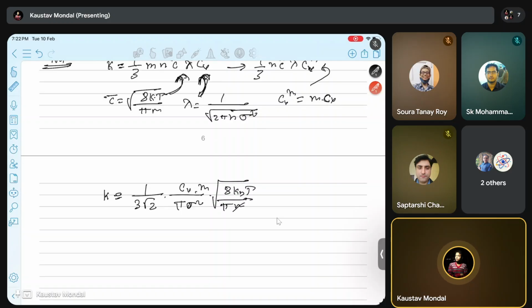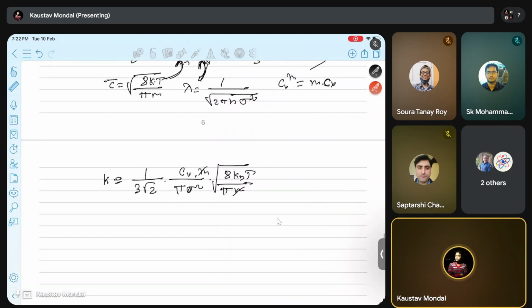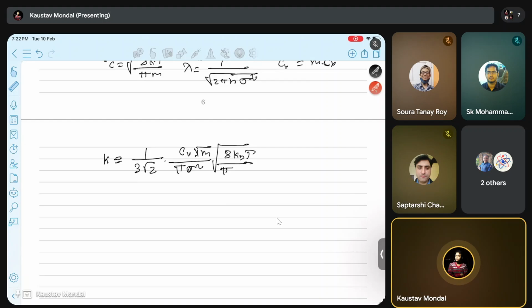So m will cancel. Sorry, this square root of m will still be there. So this should be 1 by square root m. So it will be like this. So this is the expression of the kappa.